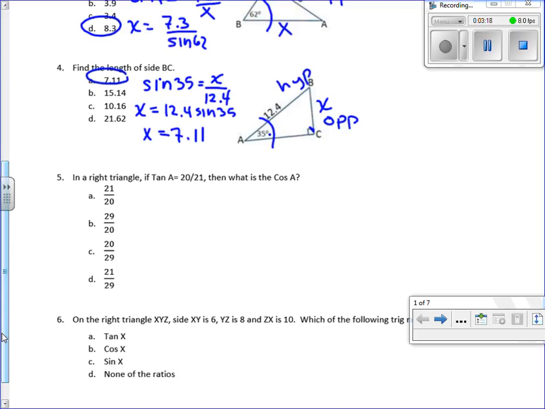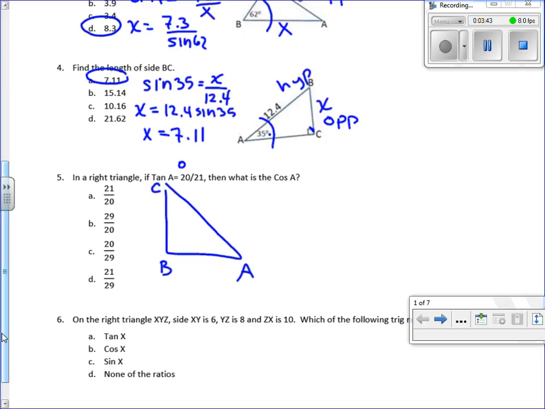Number five. In a right triangle, if the tangent of A equals 20 over 21, then what's the cosine of A? One of the ways to handle this problem is to draw a triangle, and I'll call this A, B, and C. The tangent equals the length of the opposite side over the adjacent side.